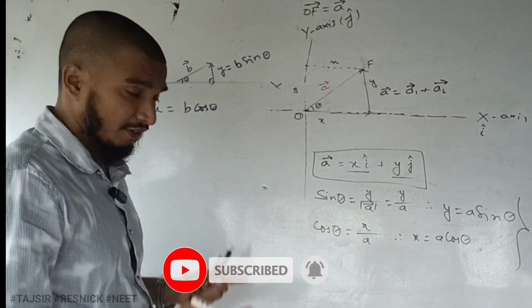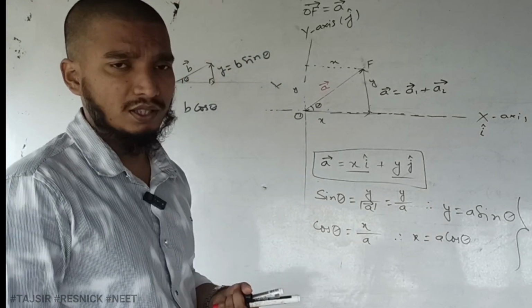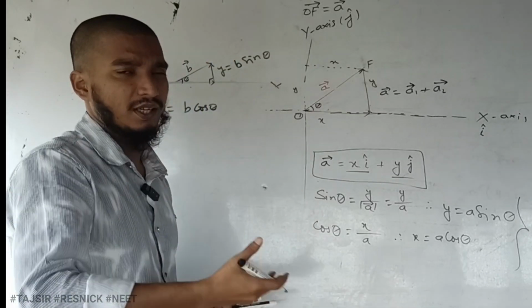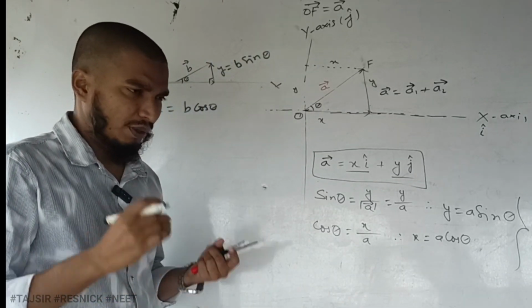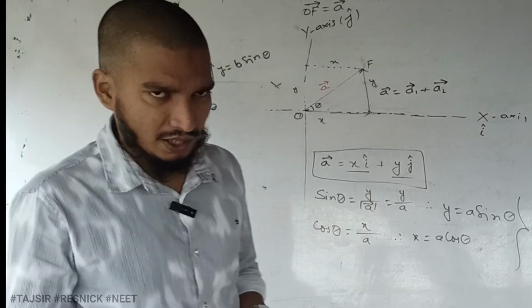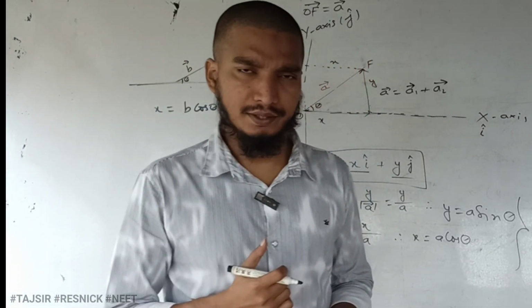So whenever there is a vector, we can resolve it into two parts, one perpendicular component and one parallel component, one perpendicular to the x axis and one parallel to the x axis.